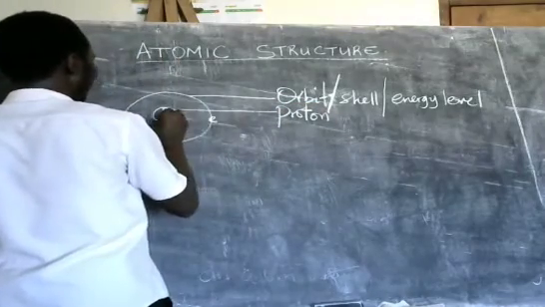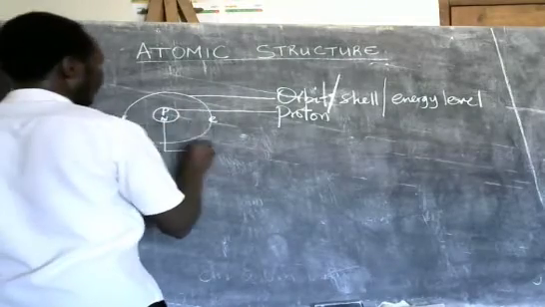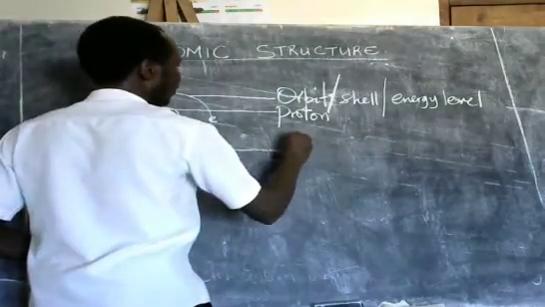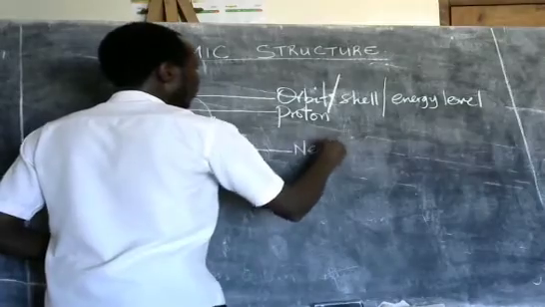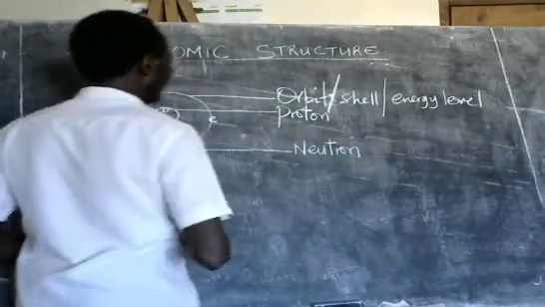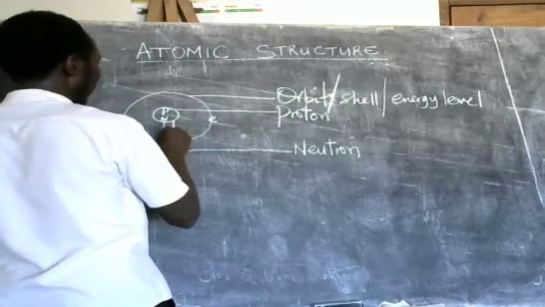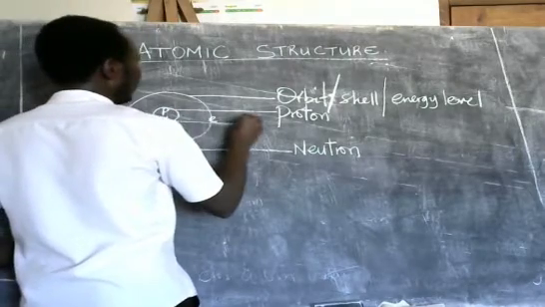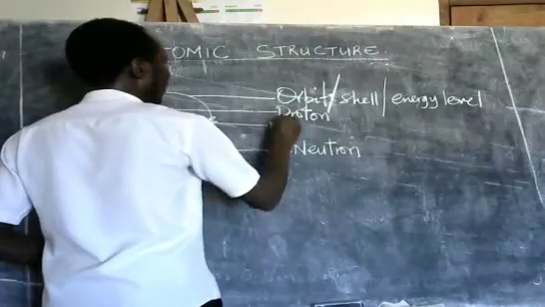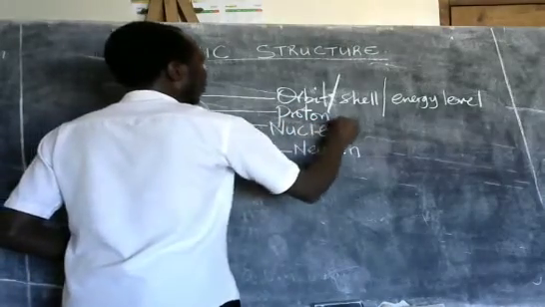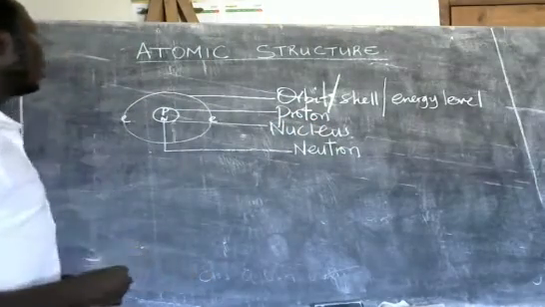Then this one here is the neutron, and the whole of this is called the nucleus, which accommodates the proton and the neutron.